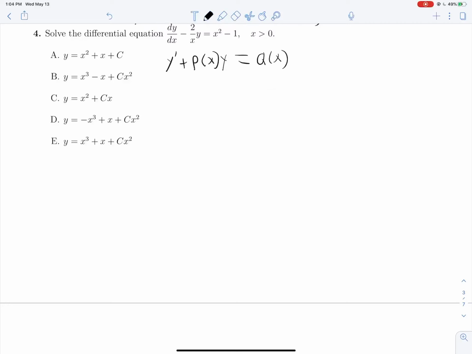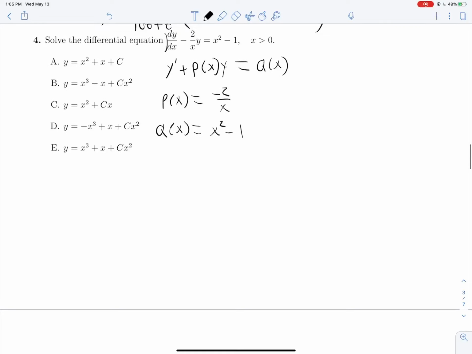And so we know that in this case our p of x is equal to negative 2 over x, and q of x is equal to x squared minus 1. And note that if there was any coefficient other than 1 attached to dy dx, we would have to divide that out in order to get things into this form right here.